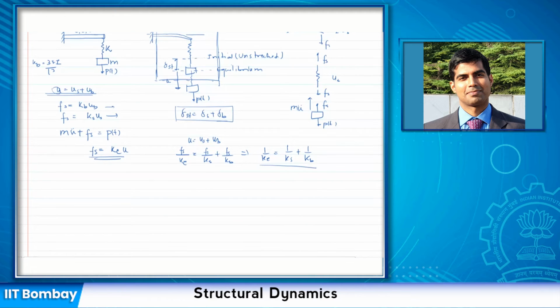That I've got the equivalent stiffness here. So I can write it as mu plus Ke u, where Ke is represented by this equation as Kb times Ks divided by Kb plus Ks. So Ke times U is equal to Pt, not Kb here, K equivalent.